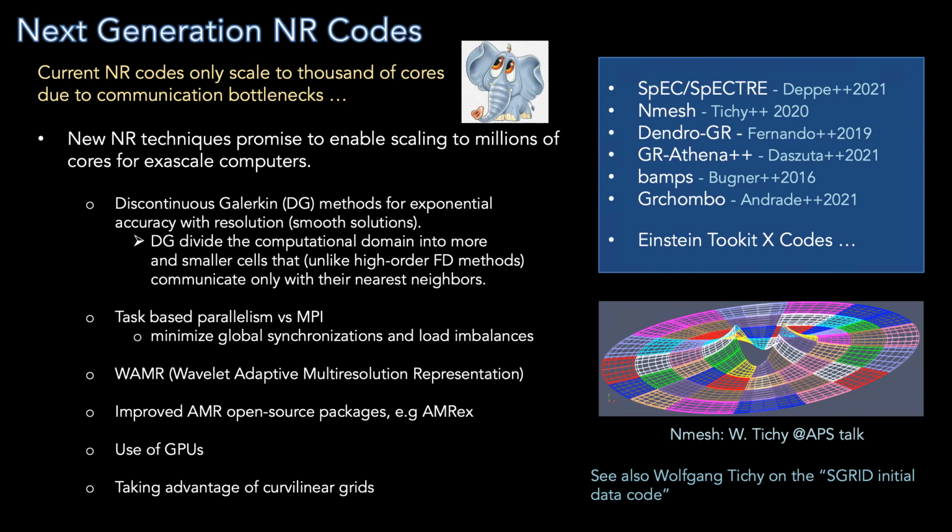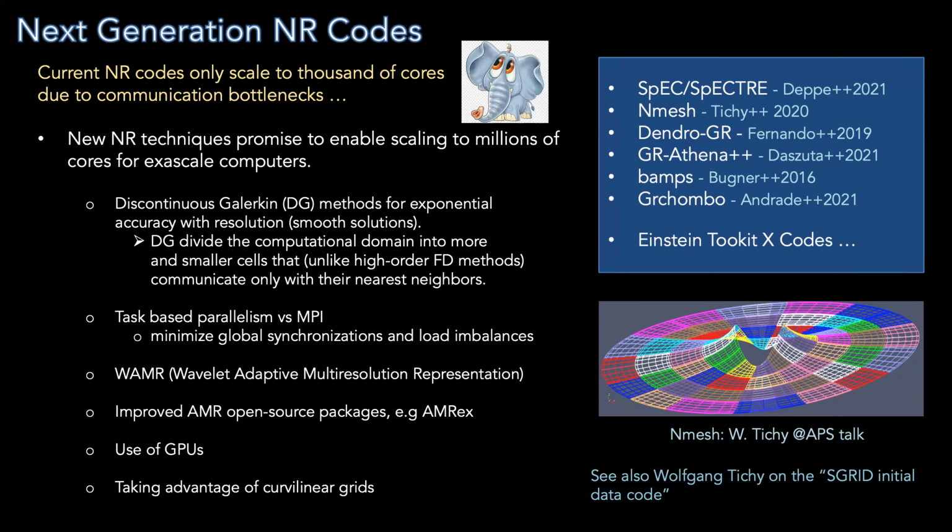Many of these codes use some of these techniques. Not all of these techniques are used by all these codes, but I'm just listing here some of them. So some of these codes use discontinuous Galerkin methods for exponential accuracy with resolution.